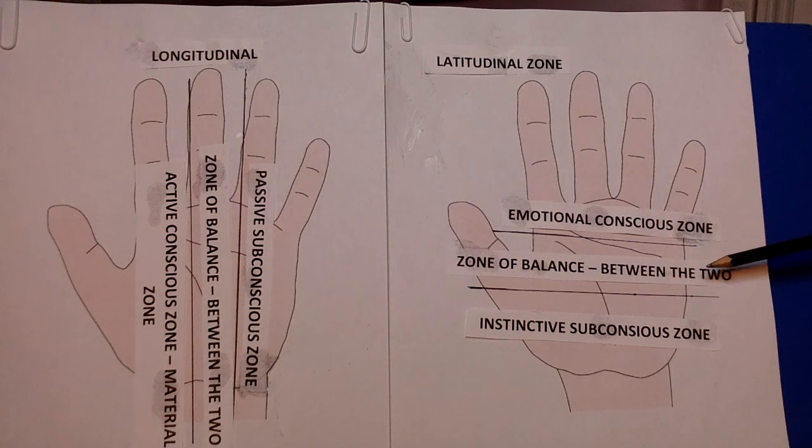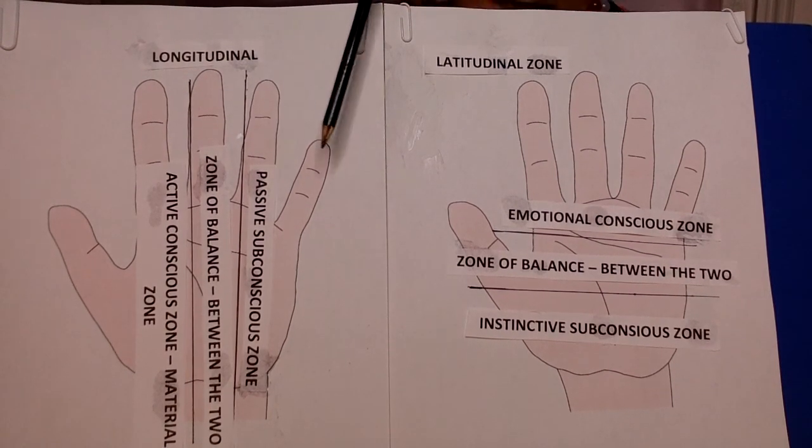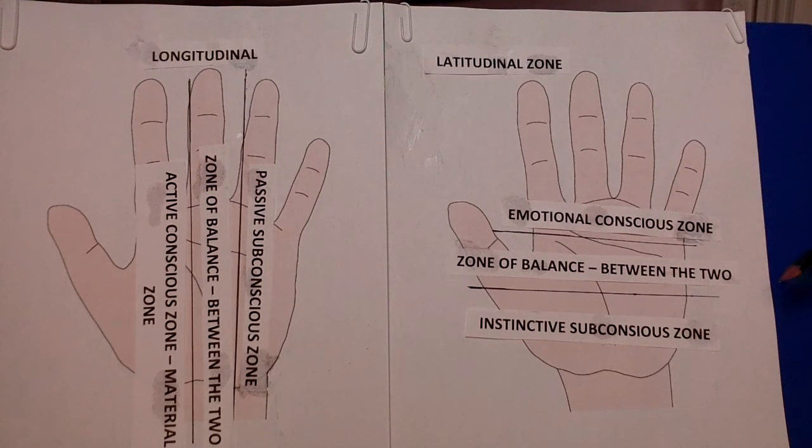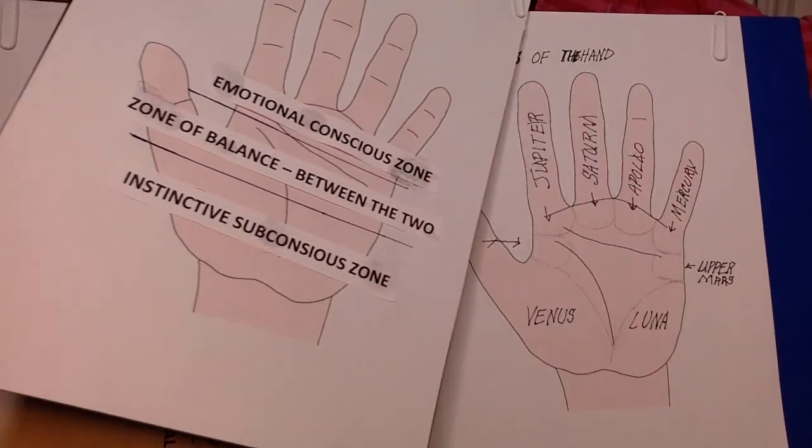This is the area that shows balance, or you might think of it as common sense. And that applies to this side also. All right? So when these two are put together, then we have the final result, which is this one.